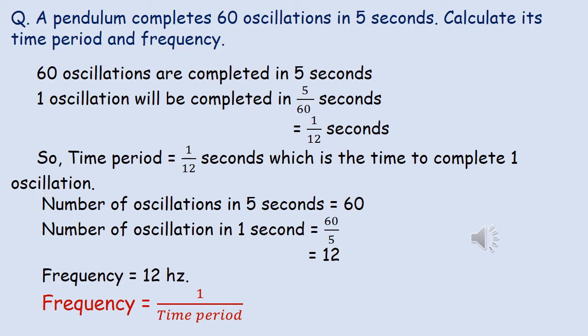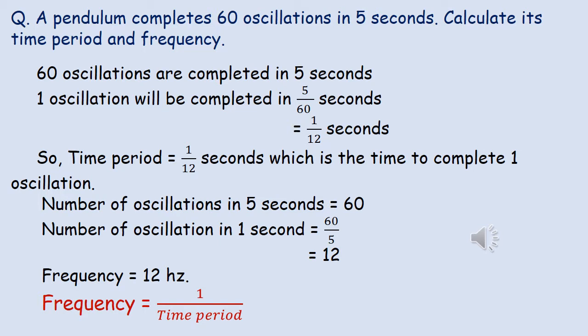So we write the statement as 60 oscillations are completed in 5 seconds. So one oscillation will be completed in 5 by 60 seconds. If we reduce, we get 1 by 12 seconds. You have already learned it in the unitary method chapter in maths. So the time period is equal to 1 by 12 second, which is the time to complete one oscillation.